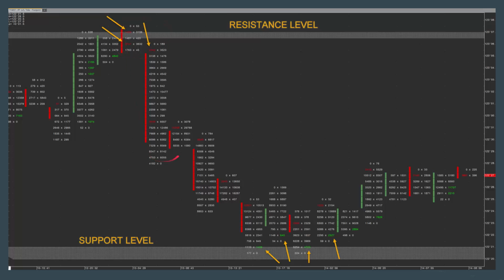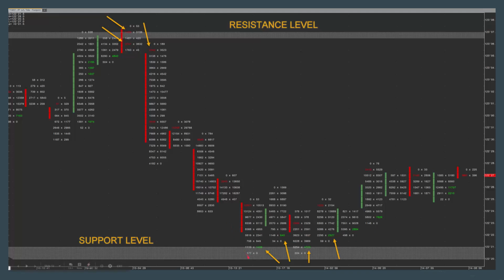Market auction down here, and down to our support. And what do we get? Right here, see this buy imbalance? We get one here, here, here, and it really started to bottom out here. That's what we were seeing.